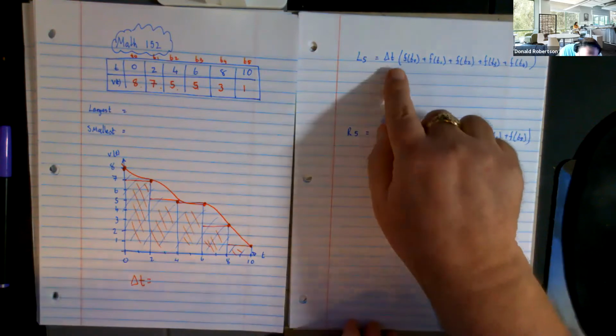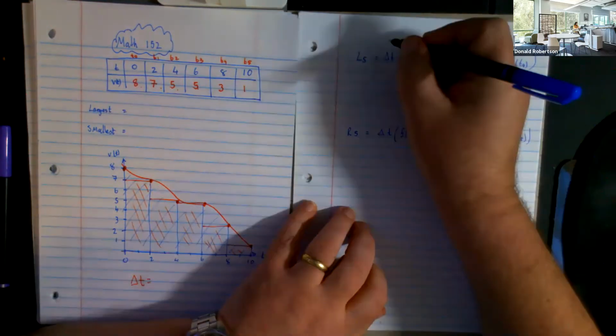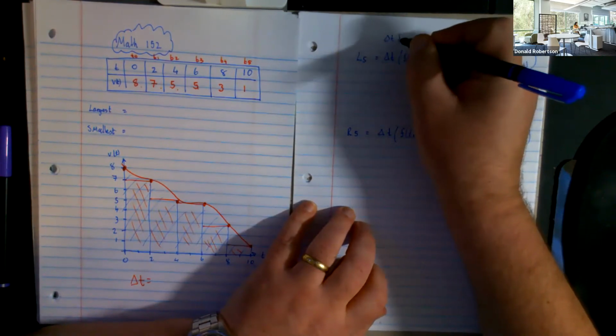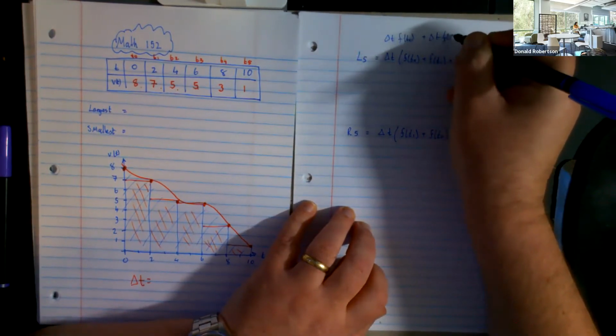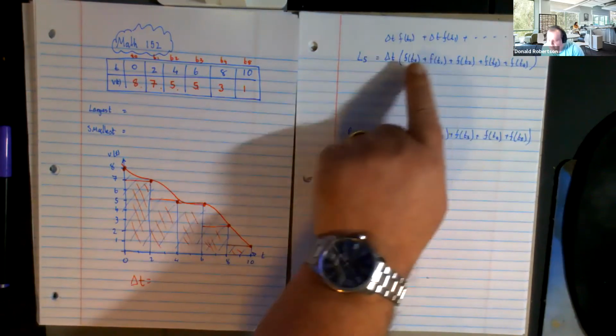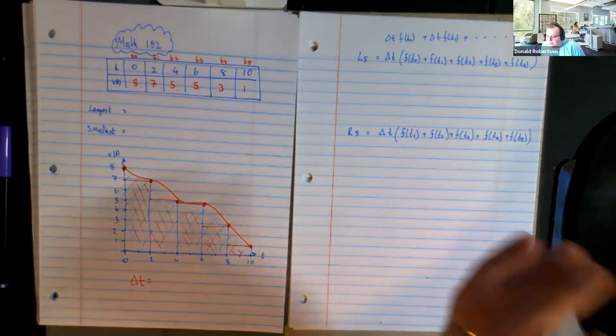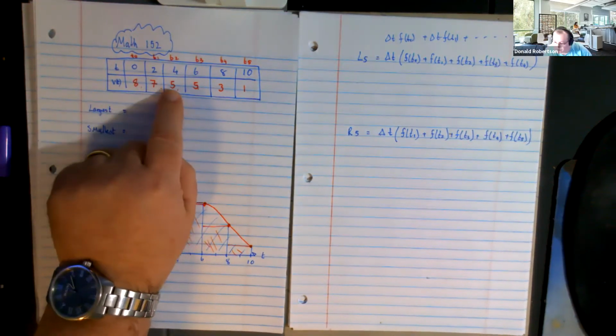Now, you could have written that down if you wanted to, but nobody does because it's too much work. Couldn't you have written it down as a whole load of separate little rectangles like that? Isn't this the same as that calculation? Because it all involved the same delta t. It's just how high you make the rectangle. And the heights of the rectangles are these values.